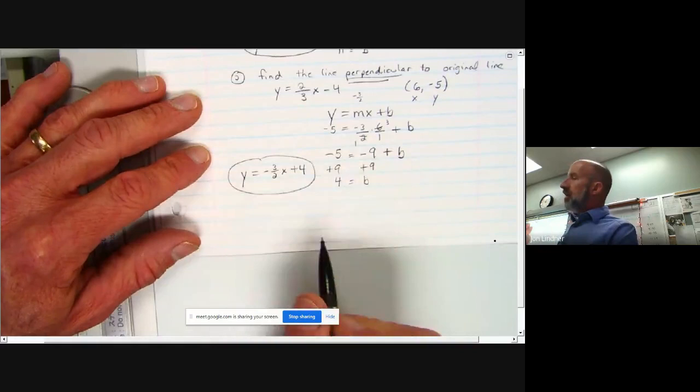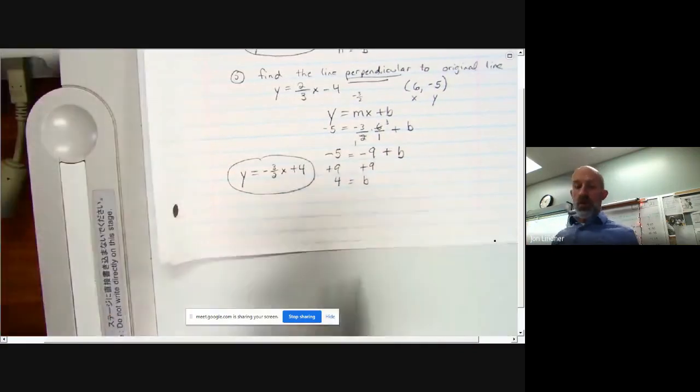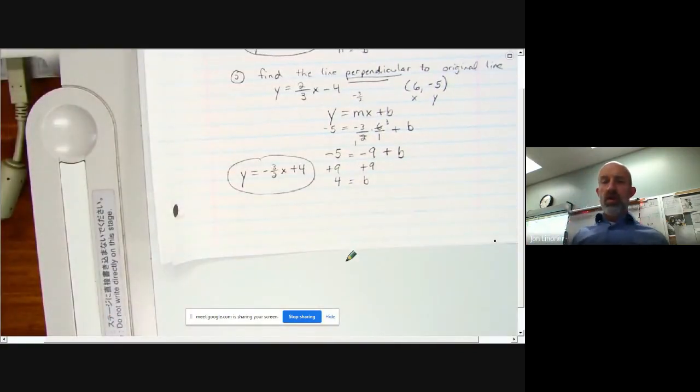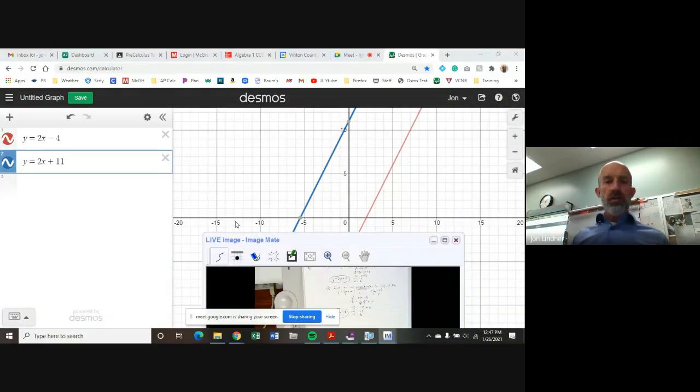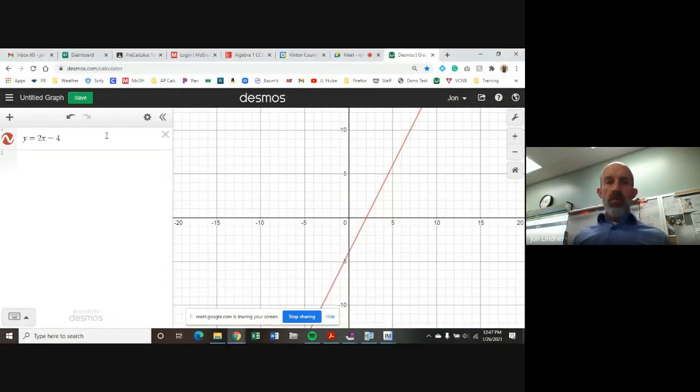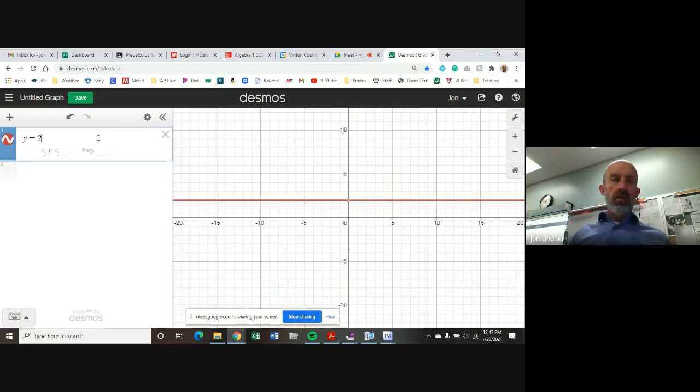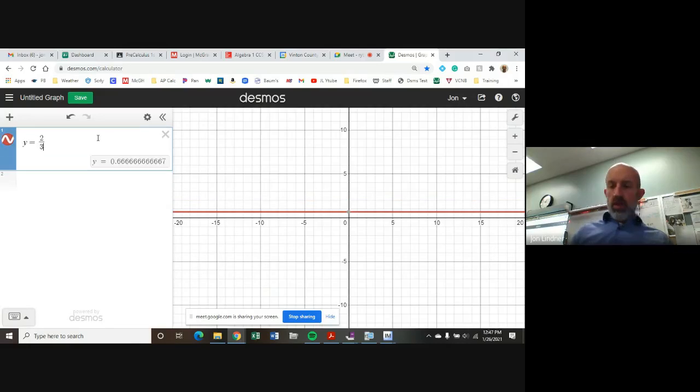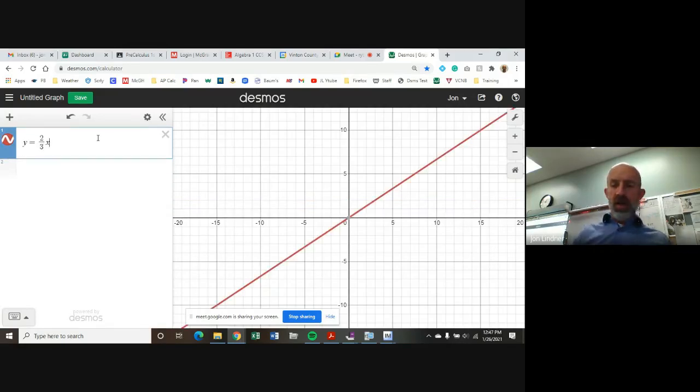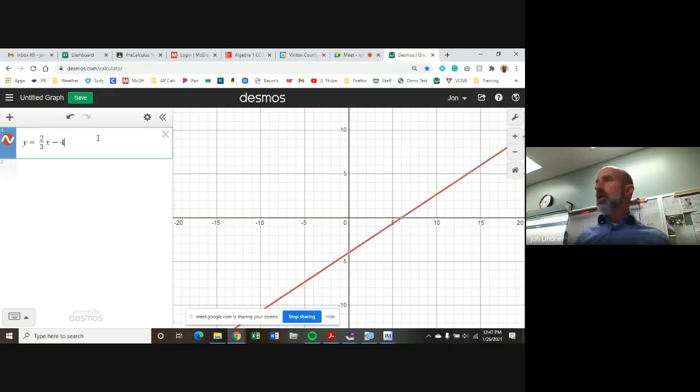And once again, we could check this on Desmos. And I want to do that just to make my point that this whole thing has a graphical meaning. My original line was 2/3. Make sure you do not put the x on the bottom. 2/3 x minus 4. There's my original line.